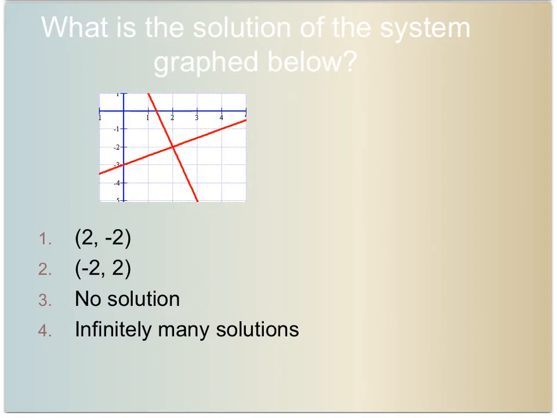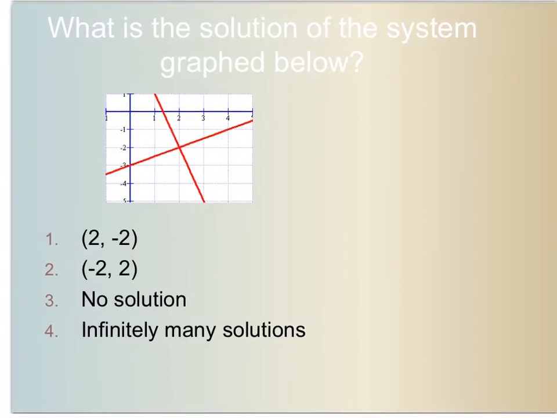So what is the solution of the system that's graphed here? Where do these two lines cross? Well, if we take a look, we can see that it intersects at this point right here. The point of intersection for this system of equations is the point 2, negative 2.